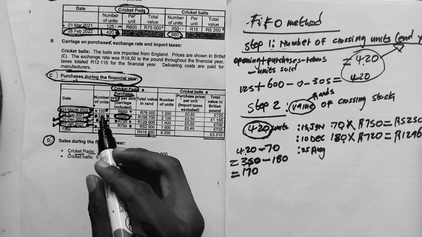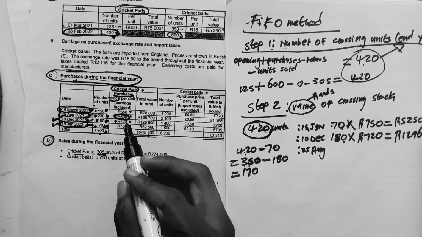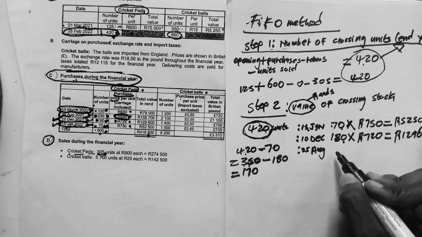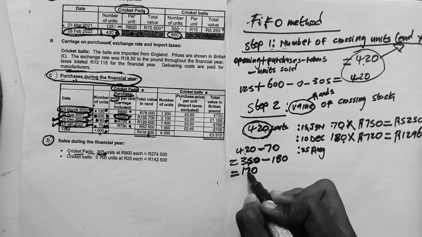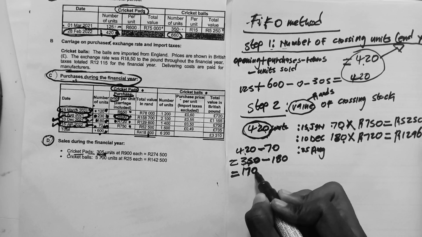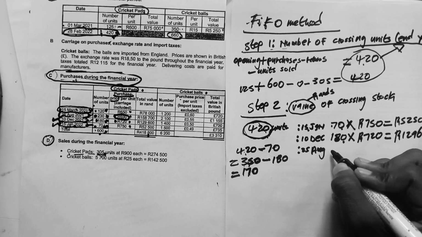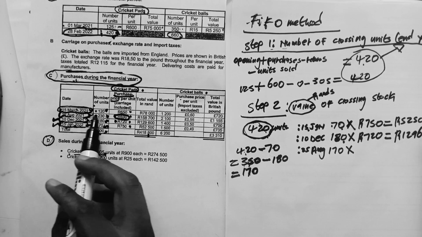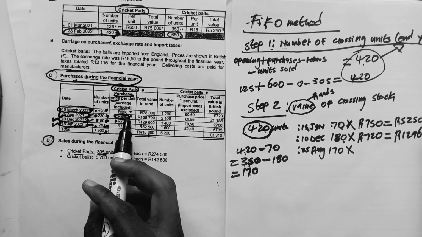Then the number of units in August was 230 and the price was 690. You can't use 230 now because you are not left with 230 here. You are left with 170. So you are going to use this 170 that you are left with. So it's now 170 times the price for 25 August, which is 690.